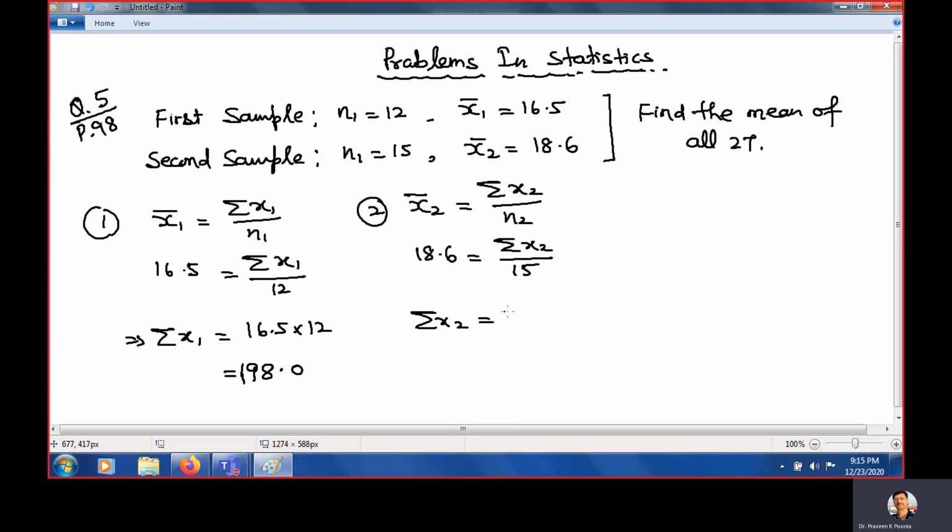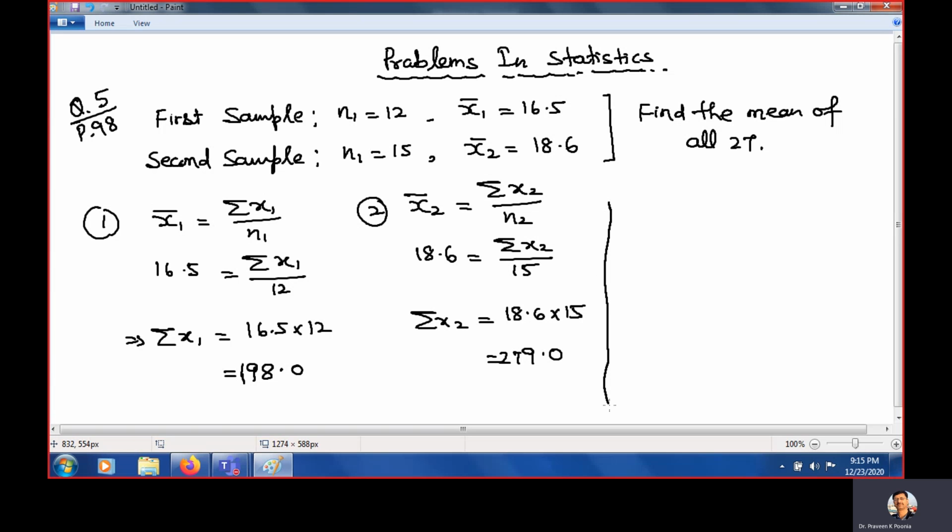The value of sigma x2 is 18.6 times 15, and it is 279.